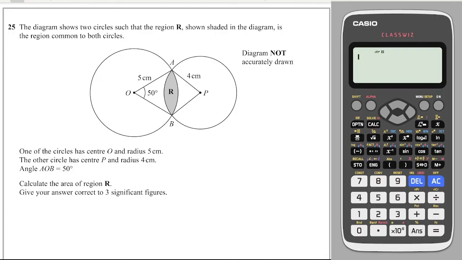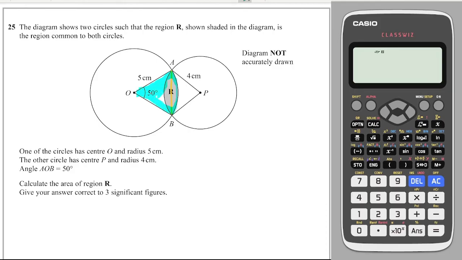Right, tricky question this. My first thought is to split this line up like so. And then what we can do is look at this region that I'm going to highlight. First off is this region, this sector here.